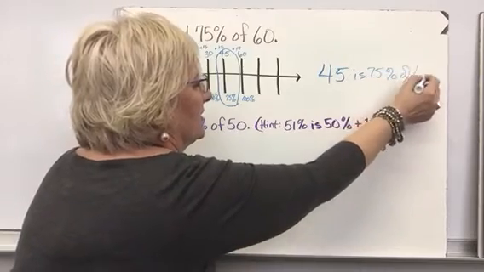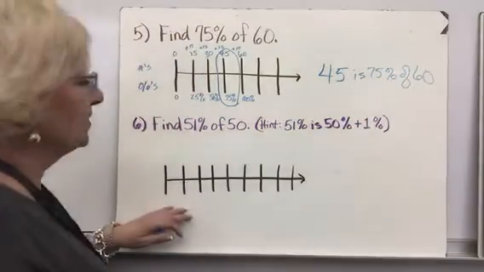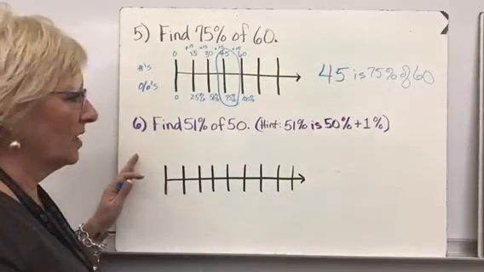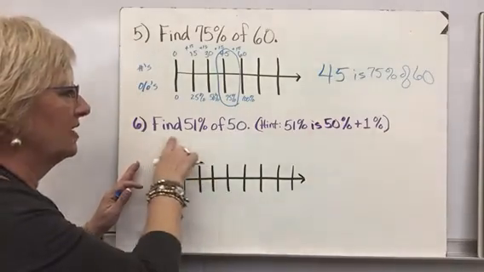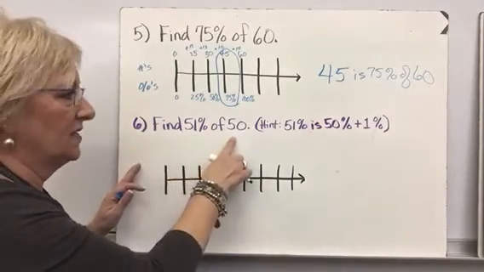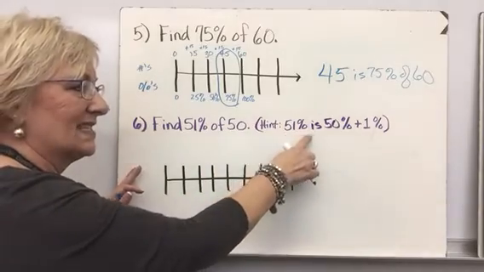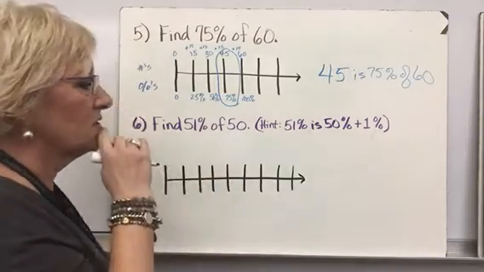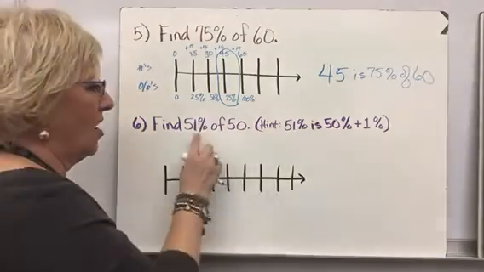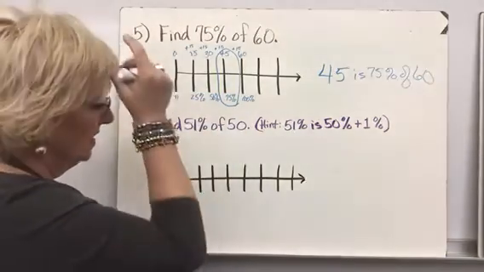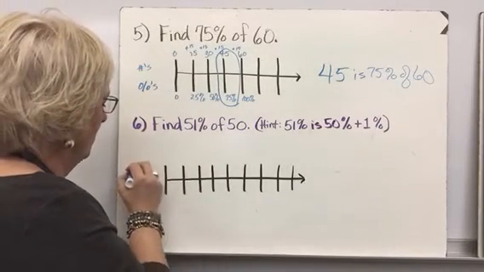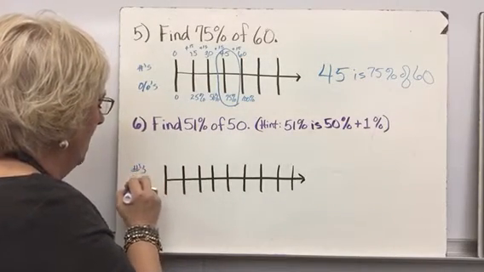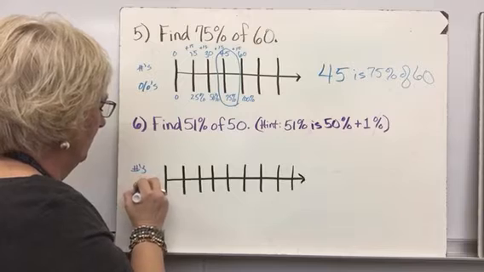Okay? And you could even put 45 is 75% of 60. All right. This one's going to be a little bit of a challenge, but we can still do it. It says, what is 51% of 50? Hint, 51% is the same thing as 50% plus 1%. So let's use 50 to be our 100%, okay? So we're looking at numbers and percents.